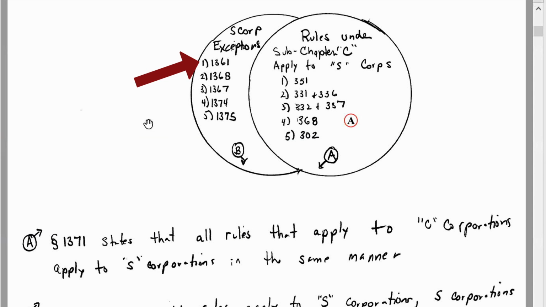1361 is the rules associated with who can be an S corp, what are the rules to be an S corp, what are the barriers to be an S corp. We'll be talking about that. 1368 are the distribution rules. Those distribution rules, as a preview, you might want to write down, is that you have two categories of corporations.